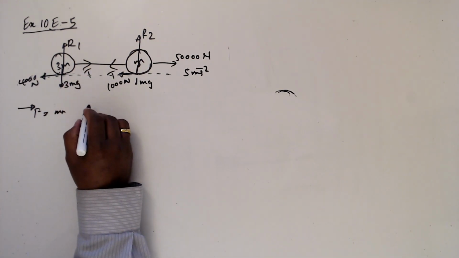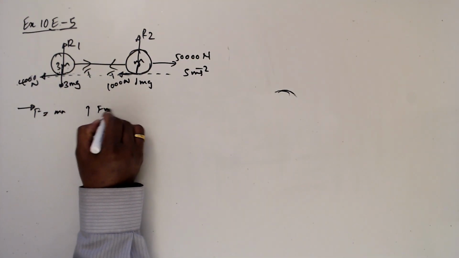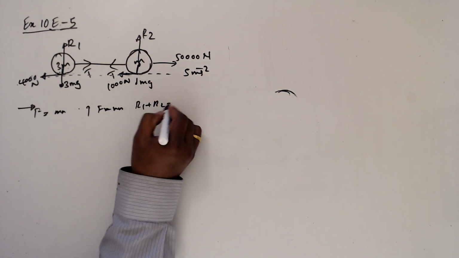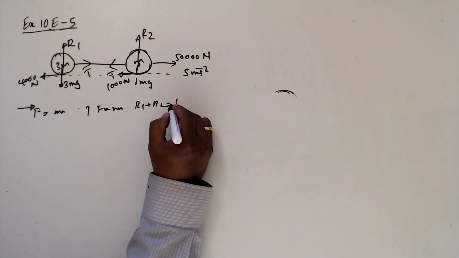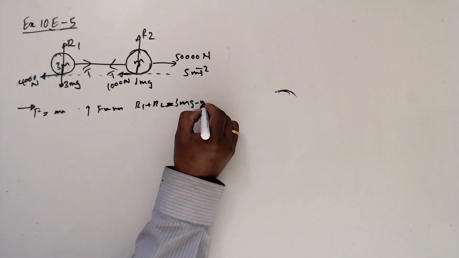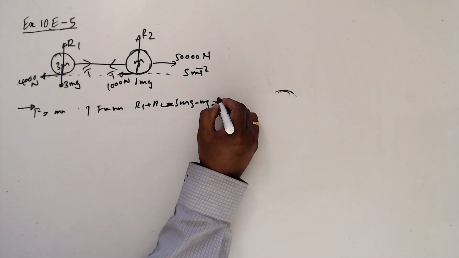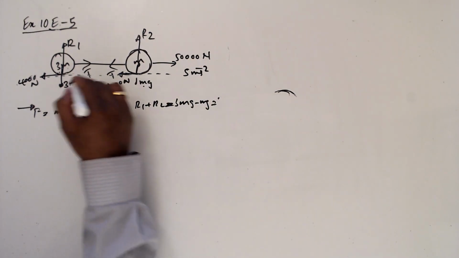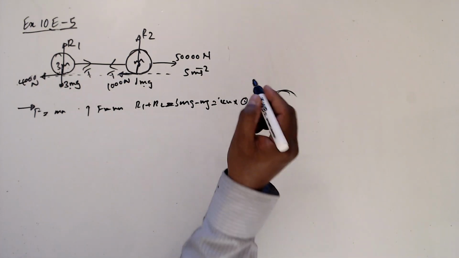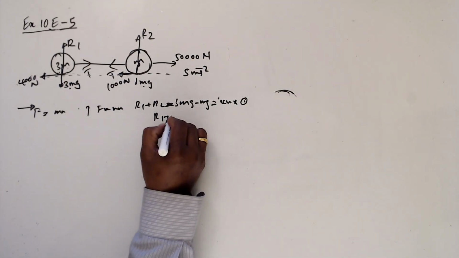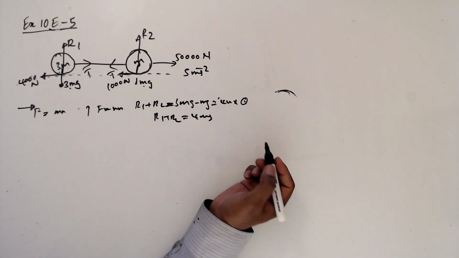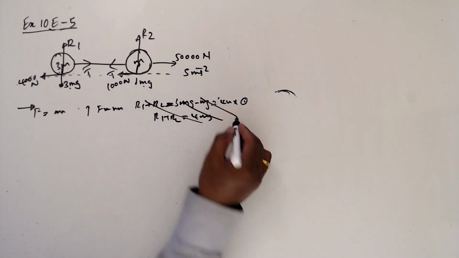You can get R1 plus R2 minus 3mg minus mg equals 3m plus m, 4m, times it's not sinking nor going up, 0. So R1 plus R2 equals 4mg. So we don't need this one yet.